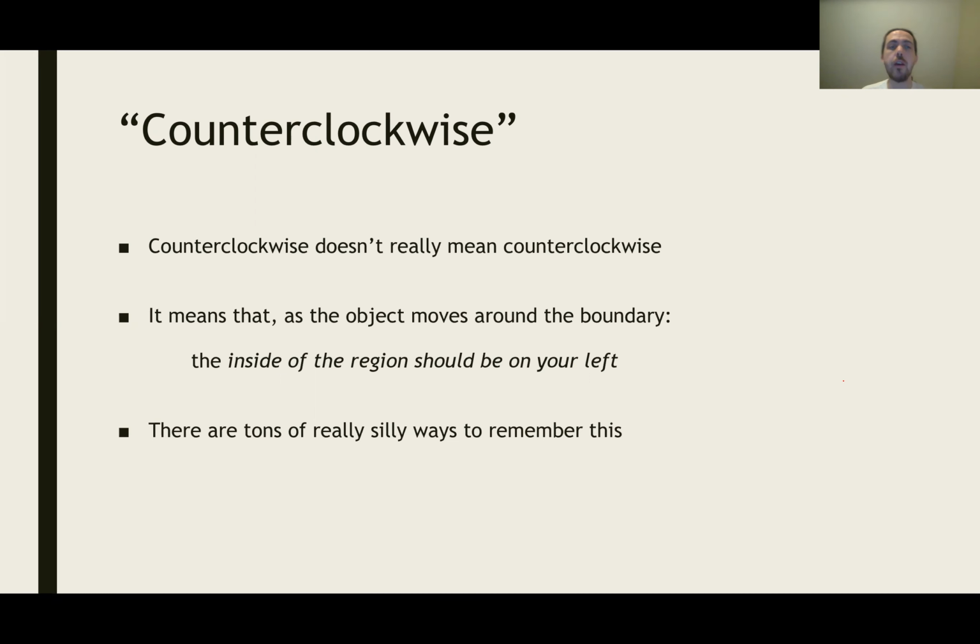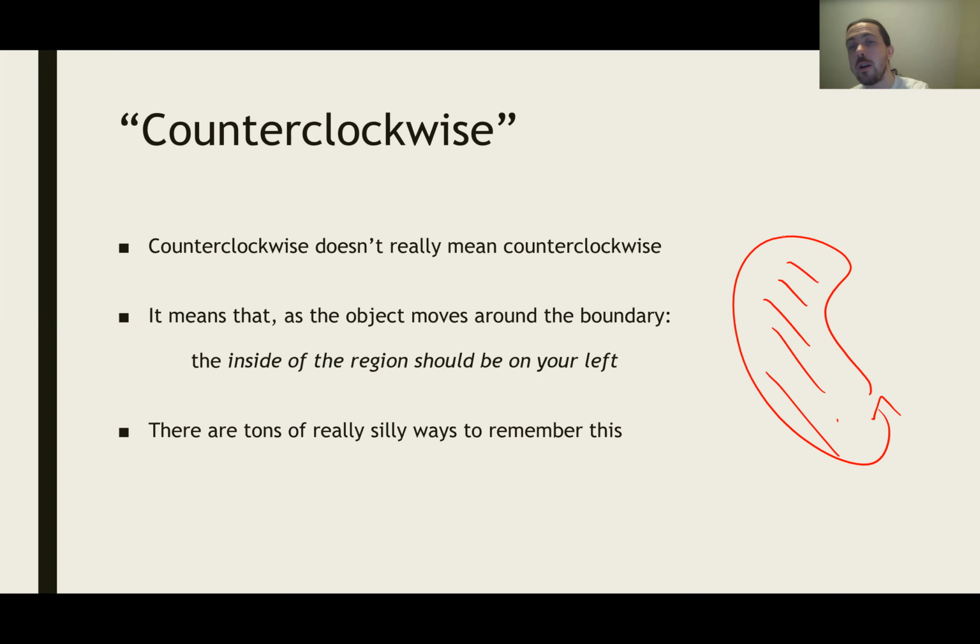It means that if we have some region inside two-dimensional space, we imagine ourselves standing on it and walking on it like so. And the way we should walk around it is the following. We imagine that our left foot should be on the inside of the region.